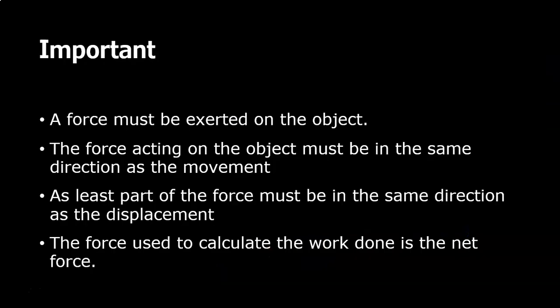A couple of things. First of all, force must be exerted on the object. This really makes sense: if work is equal to force times displacement and there's no force, then the work done is 0. But it also must be in the same direction as the movement. If I apply a force this way and the object moves this way, have I actually applied a force to it? Not really.